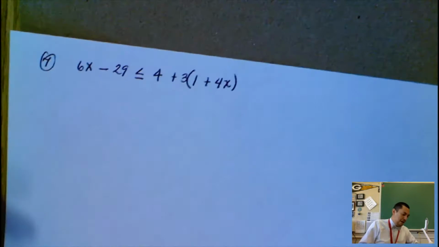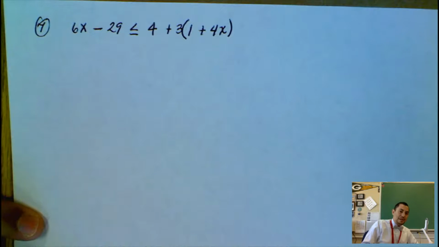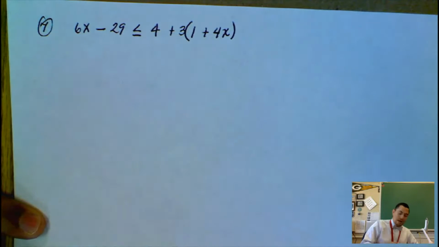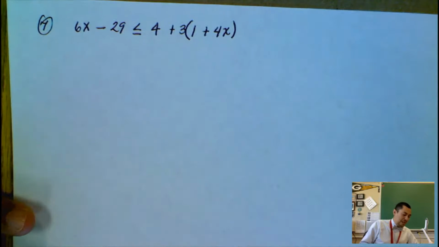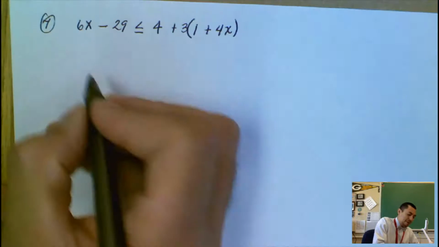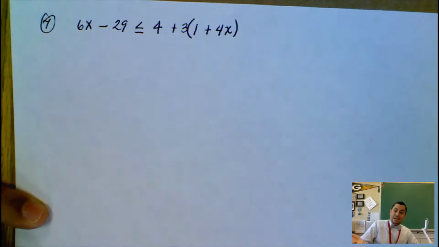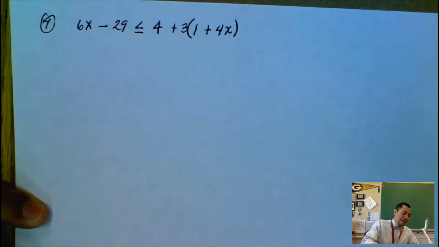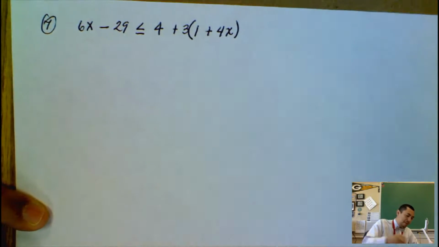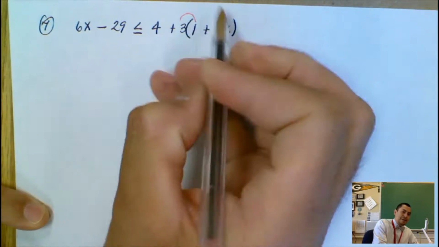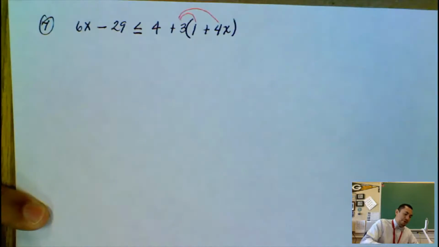Let's do this one, because this one got an inequality less than or equal. We're going to get a solution on that one. Okay. So in this case, we have distributive property again. Most of the problems are going to be applied to distributive property. 3 times 1, and then I have 3 times 4x.